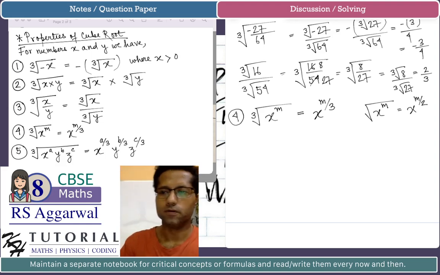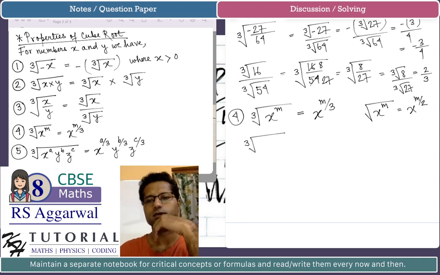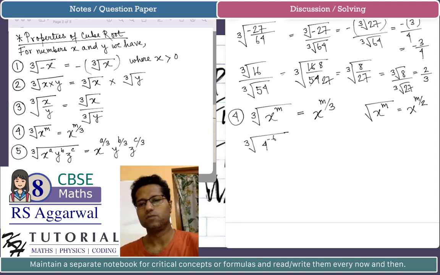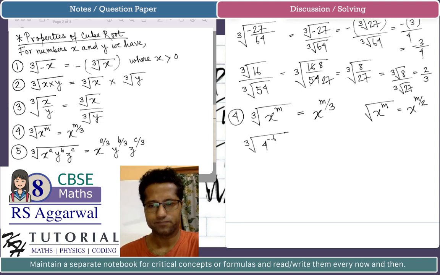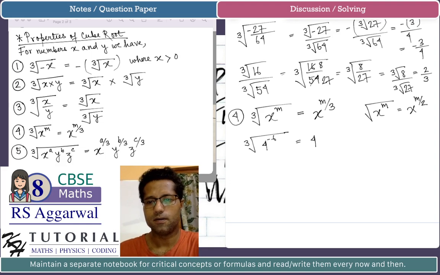So, let's say the cube root of 4 to the power minus 6. If you remember this property, you can directly say this is equal to 4 to the power minus 6 divided by 3.